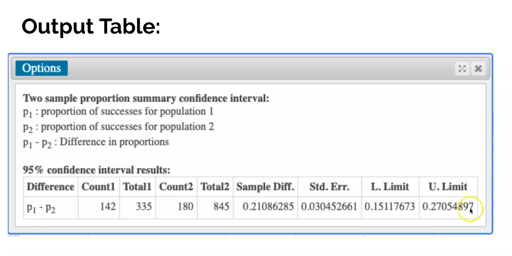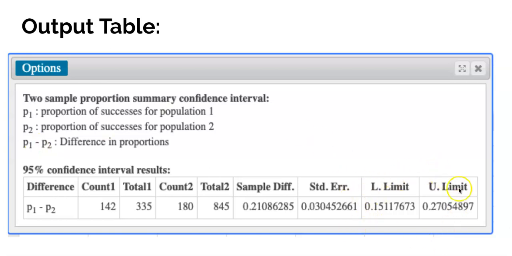And the fact that it came out completely positive tells us that the proportion of successes in population 1 is bigger than in the one we subtracted. So we get to safely say that the proportion of students who were binge drinking in 1997 is actually greater than the proportion in 2004.